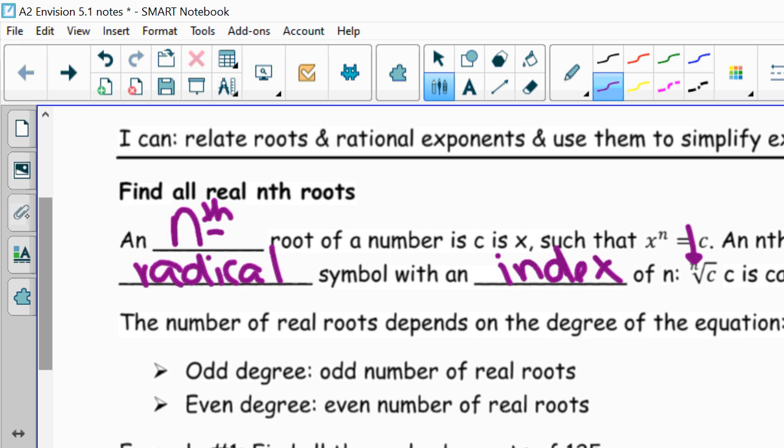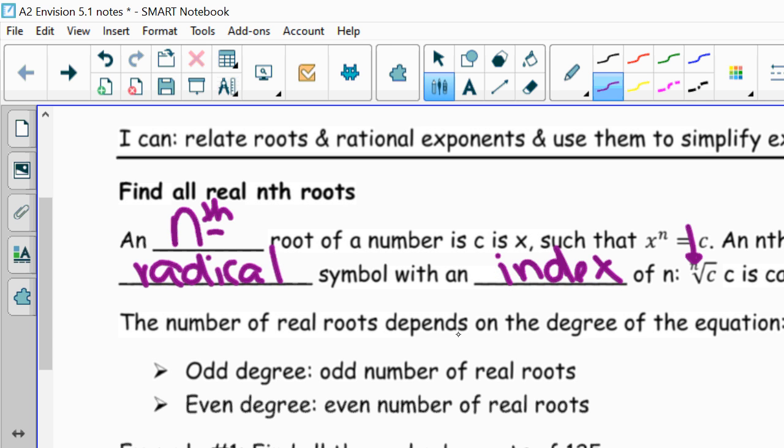So we're going to look at example number 1, find all the real cube roots of 125. Really what this is asking us is what value of x so that x cubed is 125.